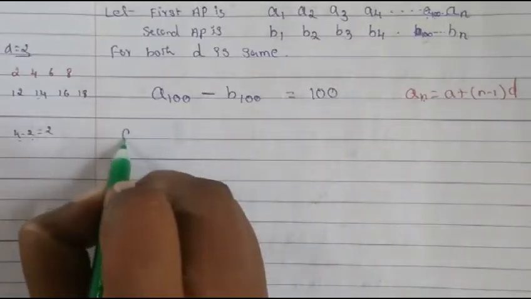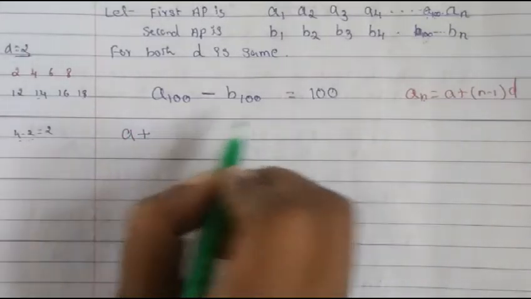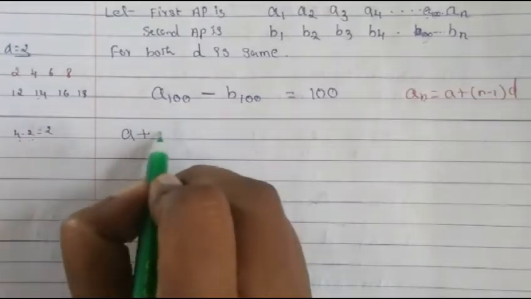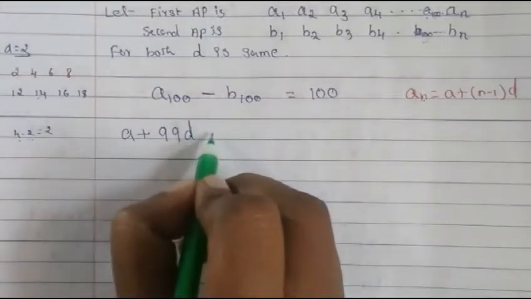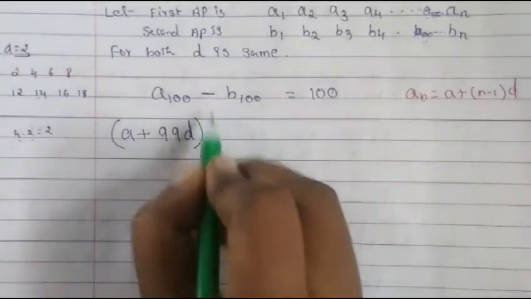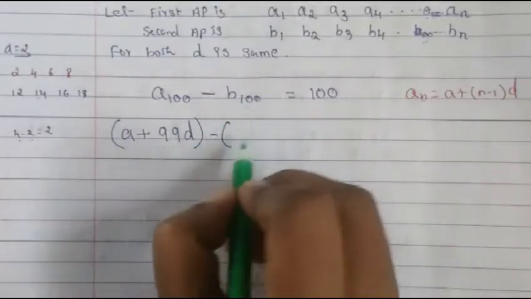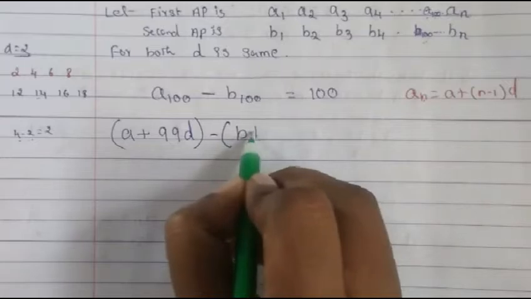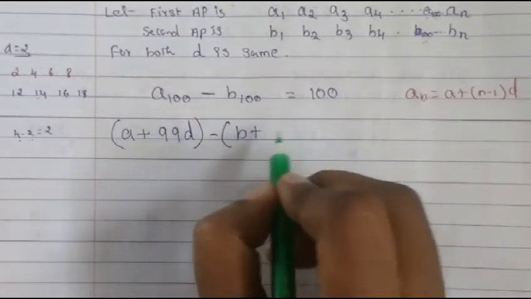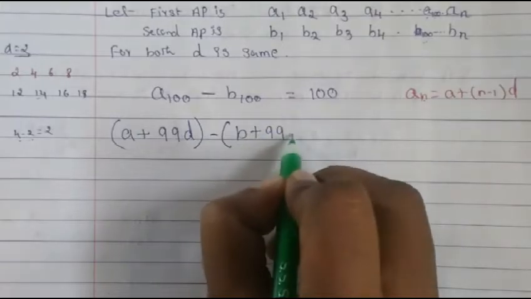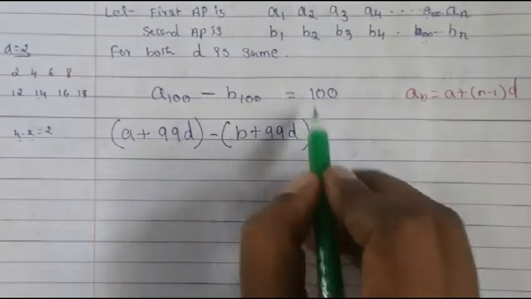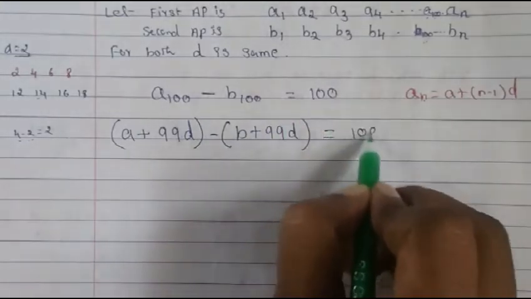So we can write a plus, 100 minus 1 will be 99, and d will be there. Then minus, now b also you can write as b plus 100 minus 1, which is 99d. Okay, this equals 100.